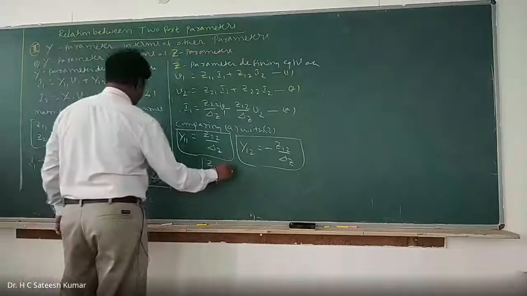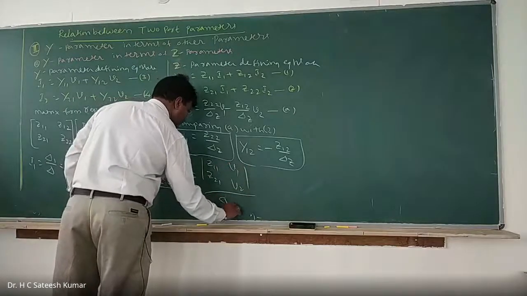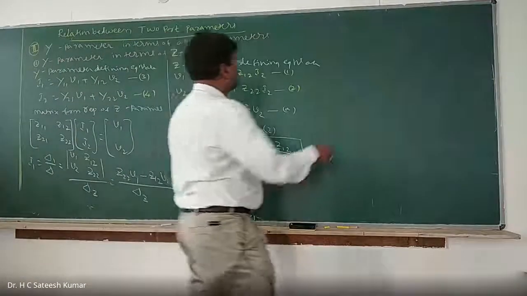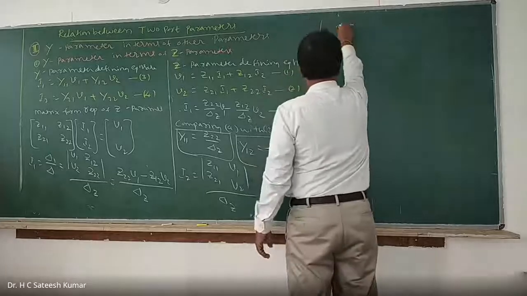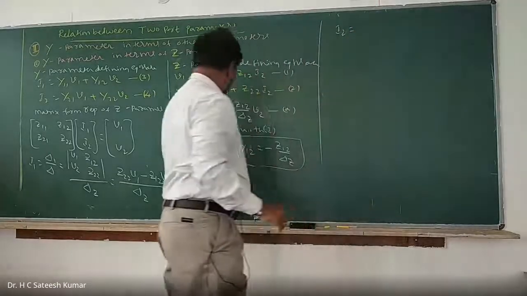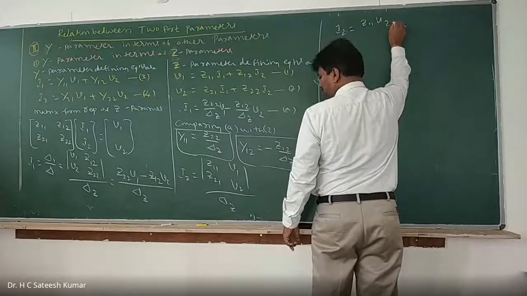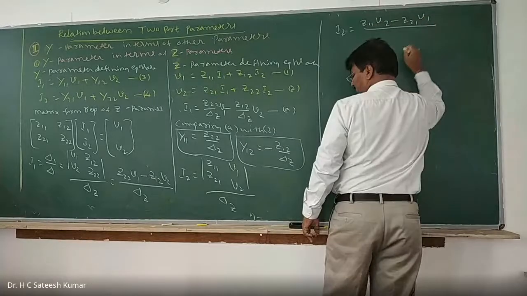Second column is replaced by right hand side, V1, V2 divided by delta Z. Okay, right. Now what is that we can write it? This we can write it as I2 is equal to Z11 into V2 minus Z21 into V1 whole divided by delta Z.